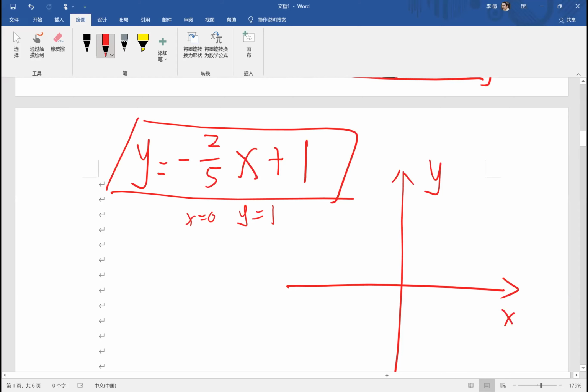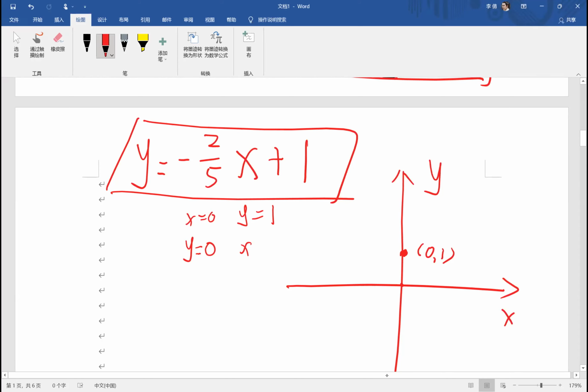So this is 0 and this is 1. So the line passes through the point (0, 1), right? And let's see if y is 0. If y is 0, we can get x is equal to what?